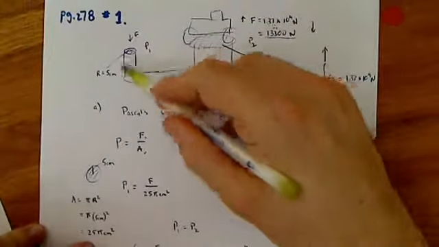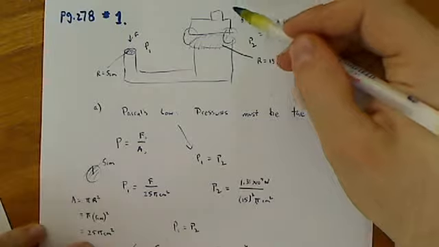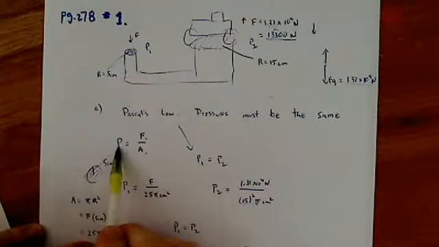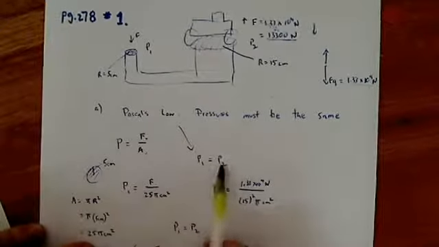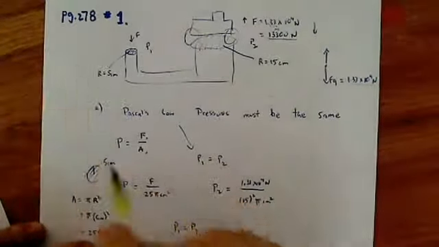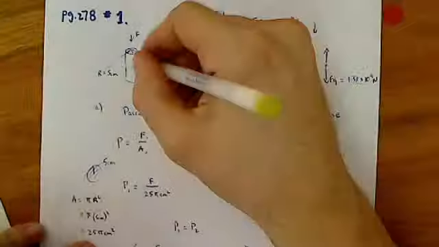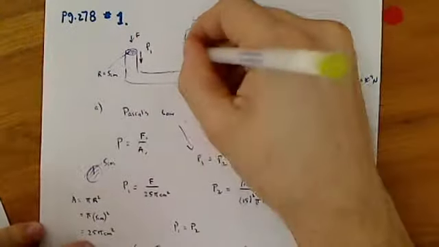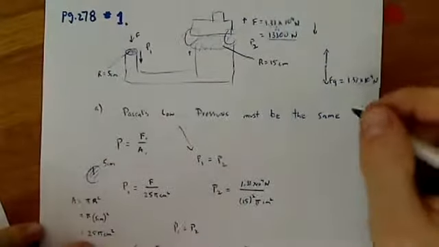So what it's saying is I don't have to apply as much force over here in order to move this up. And the reason is the areas here, the pressures are the same. That doesn't change. Now here's the trick. If you're doing this in real life, you would have to move this down a lot farther for this to move up just a little bit.